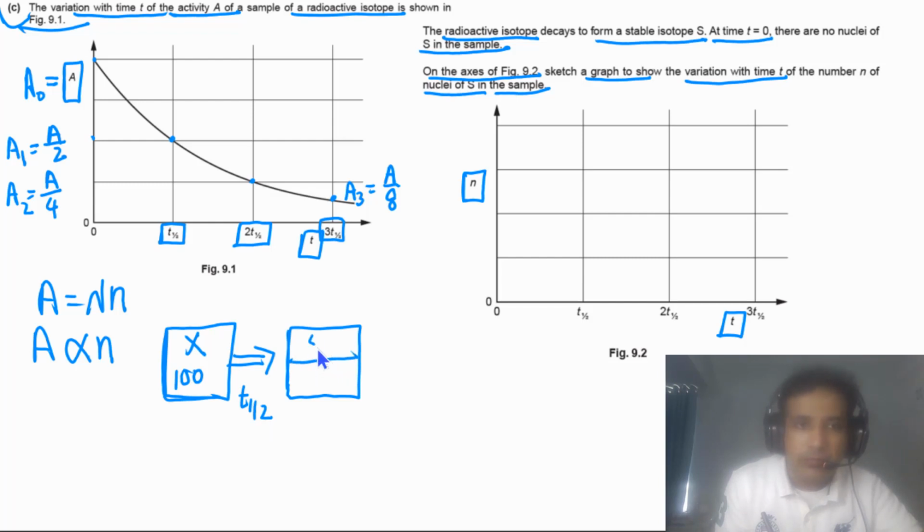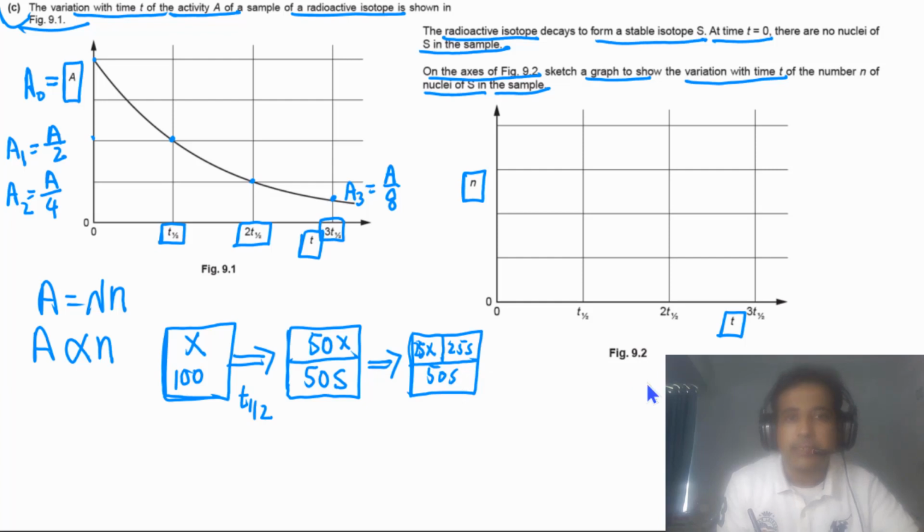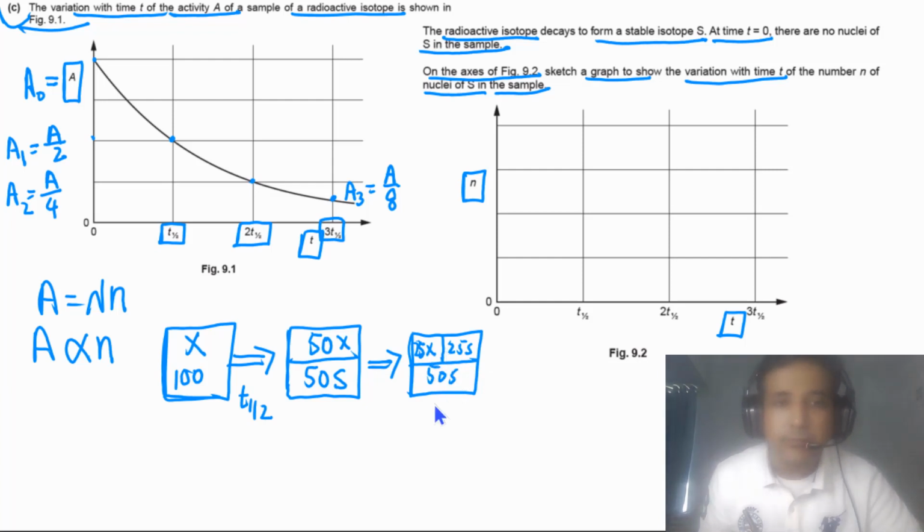So we will have 50 nuclei of X and 50 nuclei of S. And after another half-life, this 50 is again divided into 2, so we have 25X, and 25 more become S, so we now have 50 plus 25, which is 75 S, and so on.